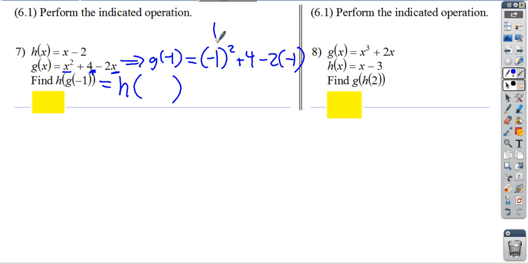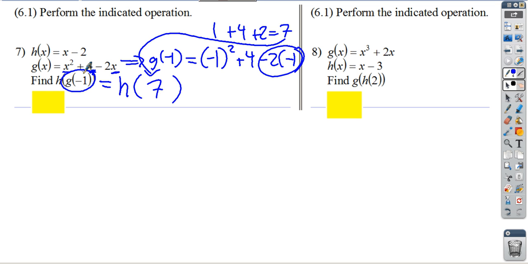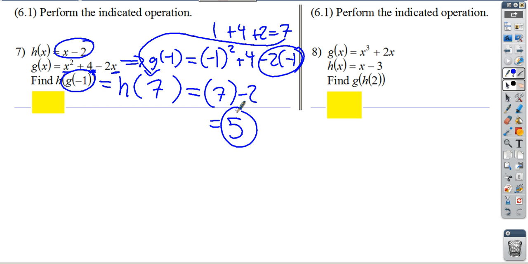The negative 1 squared is 1, plus 4 is 5. This thing will be positive 2. So 5 plus positive 2 is 7. So now that is what goes in here. Remember, we were trying to find g of negative 1. We found it. It's 7. So now we take 7 and we plug it into this function. So we get 7 minus 2, and that is equal to 5, which is the answer to that question.